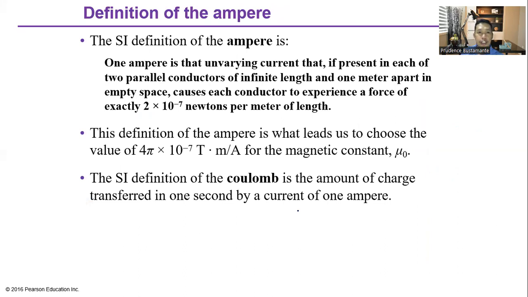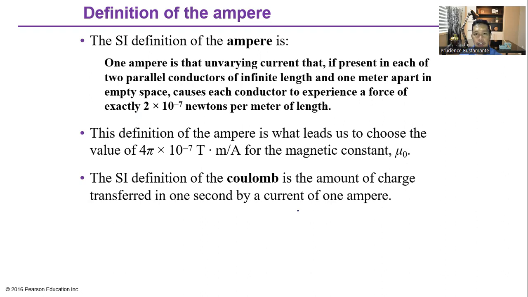The SI definition of the ampere is that 1 ampere is that unvarying current that, if present in each of two parallel conductors of infinite length and 1 meter apart in empty space, causes each conductor to experience a force of exactly 2 times 10 to the negative 7 Newton per meter of length.